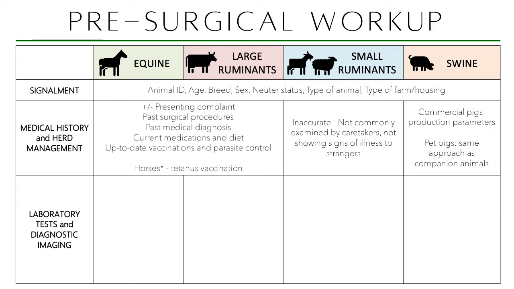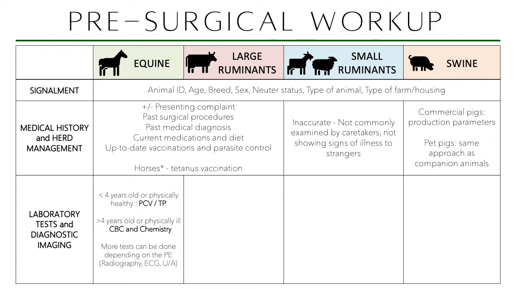For laboratory tests, ano ba yung mga tinetest natin for equine and large ruminants? All right. So usually, if a horse is less than 4 years old, or it's physically healthy, meaning the physical exam is not showing any significant findings, everything is normal, a test for packed cell volume and total protein would do for surgical procedures, especially if you're not expecting that much of a blood loss.